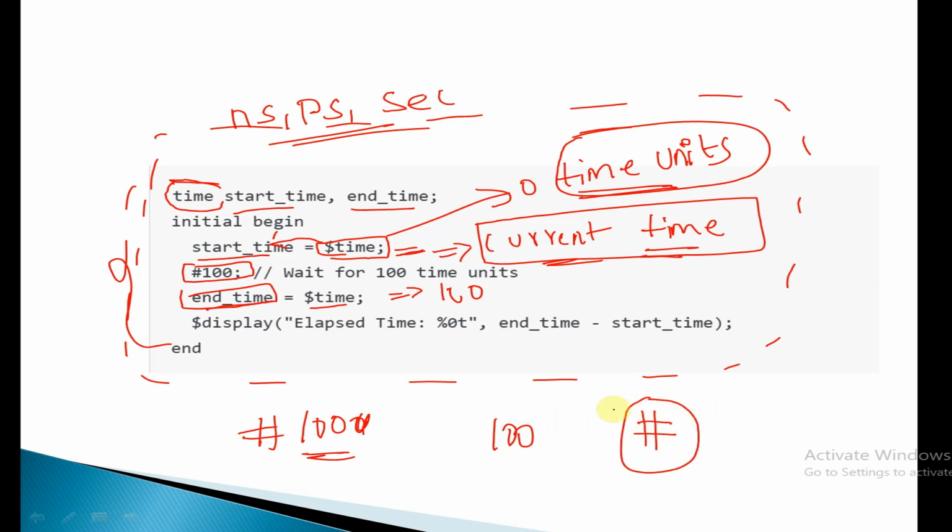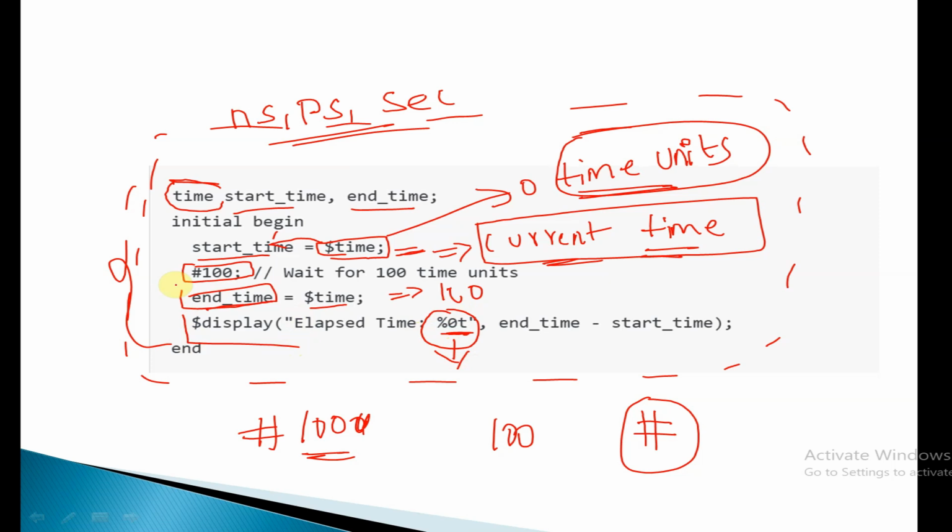While defining the display, there is elapsed time equal to percentage something, %t, a format specifier for displaying the time. When we discuss how to display something in our upcoming sessions, and when we discuss display statements, we will see the format specifiers.